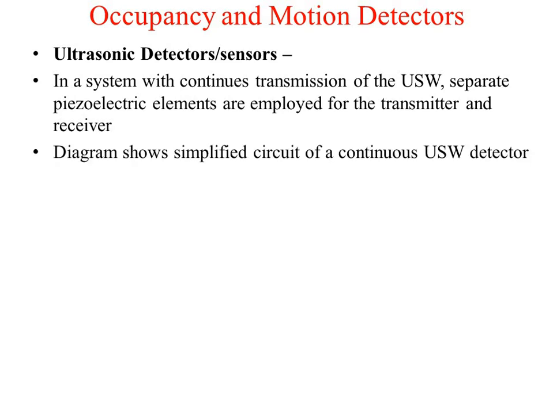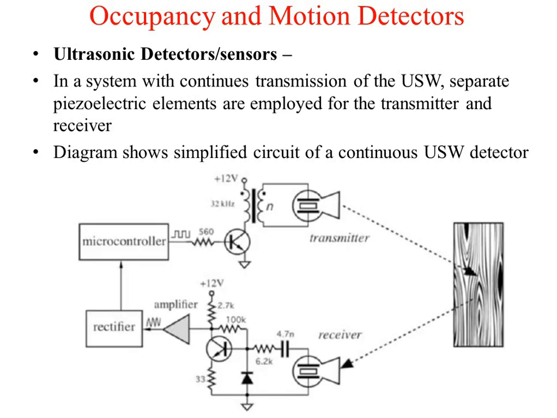So the diagram shows the simplified circuit of a continuous USW detector. This is how you can connect these transceivers directly to your microcontroller. The unit that I have shown previously, with the 4 connections, you can directly connect to the microcontroller.